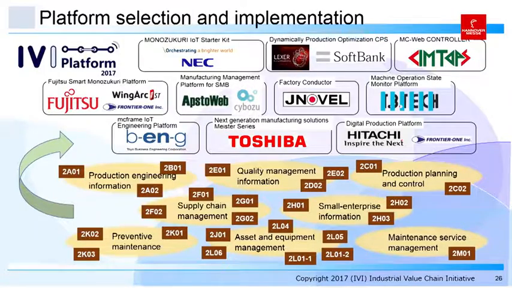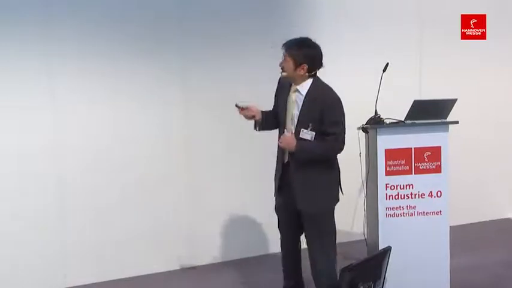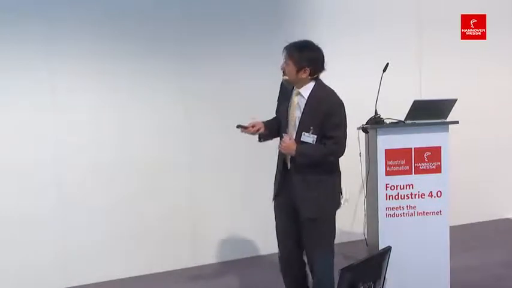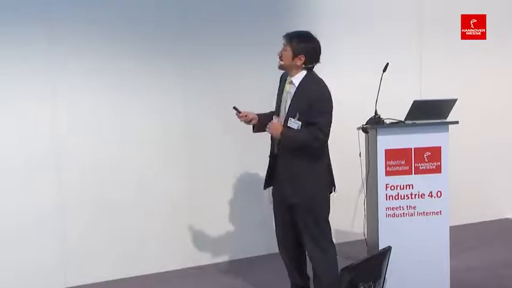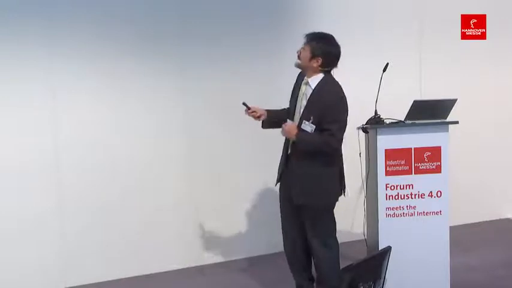Once each platformer defines their category, they can choose up to 3 categories. After that, each working group can choose their own platform and select the platform. And finally, there are 25 use cases, but 14 use cases are implemented by one of the platforms.